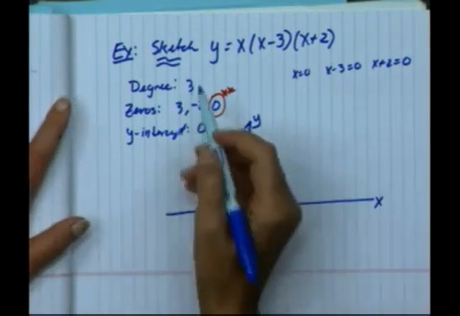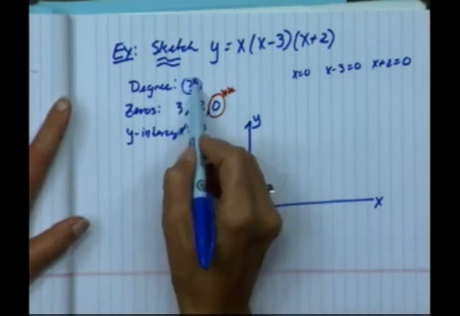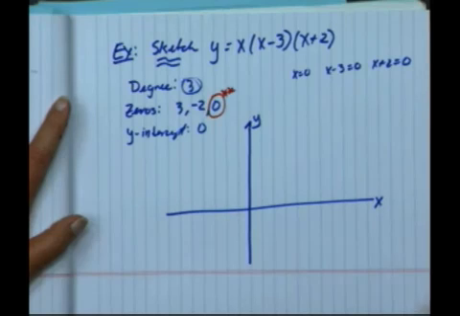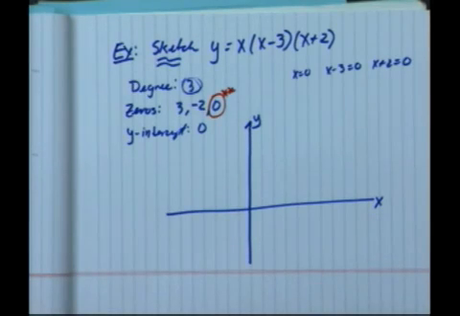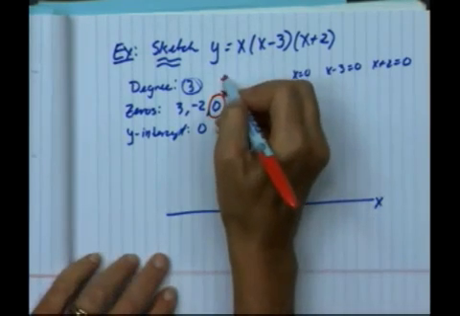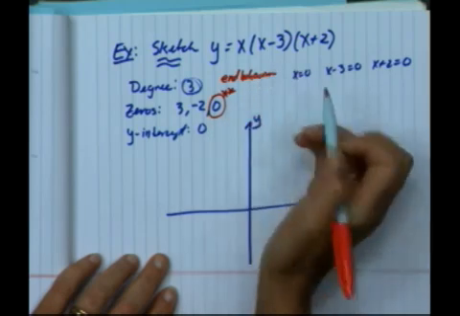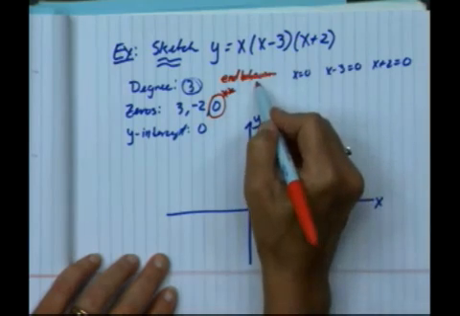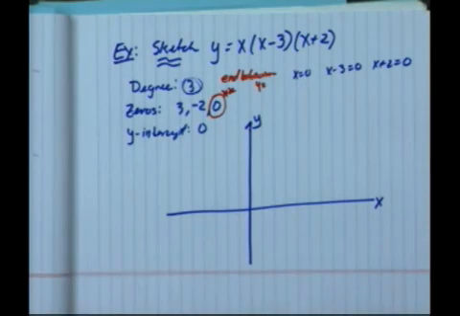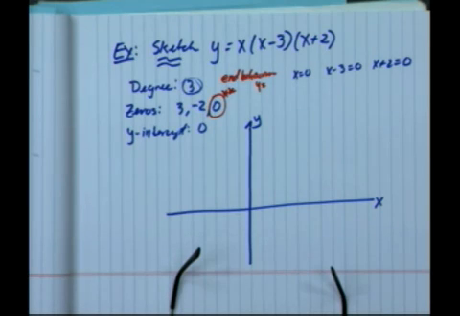Oh, by the way, this is a third degree polynomial function. So we know the end behavior, because it's going to look very close to, this end behavior means, like, if you looked at this from 2 or 3 miles away, what does it look like the very ends of the graph is doing?